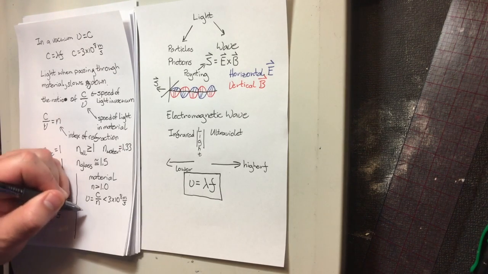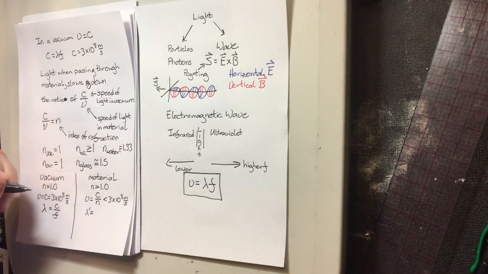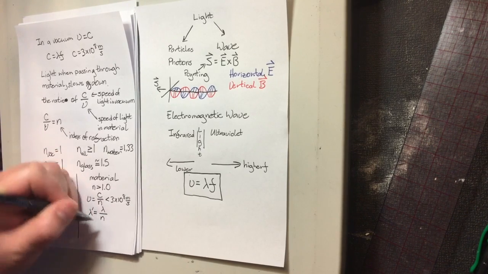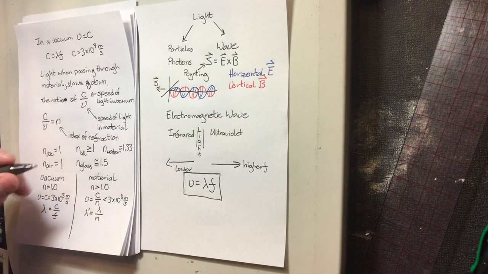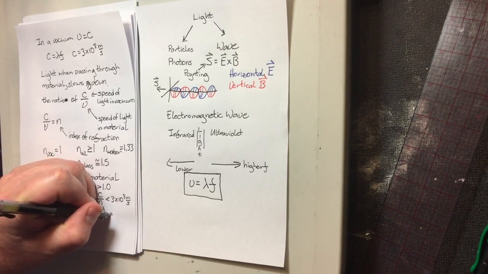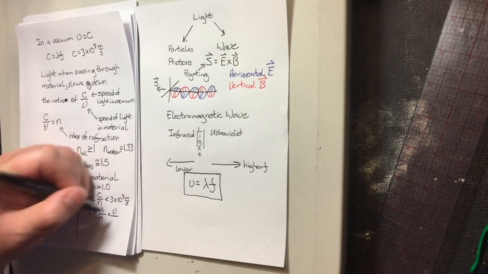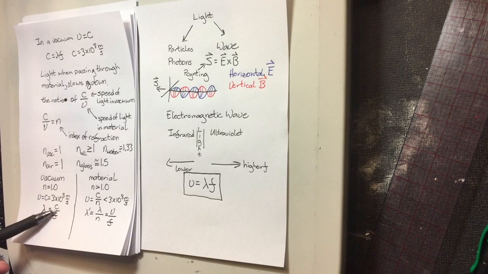And lambda prime is equal to lambda divided by n, where lambda is the wavelength in a vacuum. The wavelength in a vacuum is the speed of light divided by its frequency. It's whatever frequency of light we're talking about.